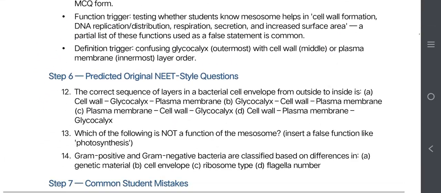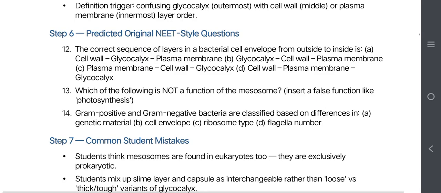Exam thinking, triggering statements. Definition trigger: confusing glycocalyx, the outermost layer, with the cell wall in the middle or the plasma membrane, the innermost layer. This is a triggering method used by the examiner. A predicted question from this topic is: what is the correct sequence of layers in the bacterial cell envelope from outside to inside?